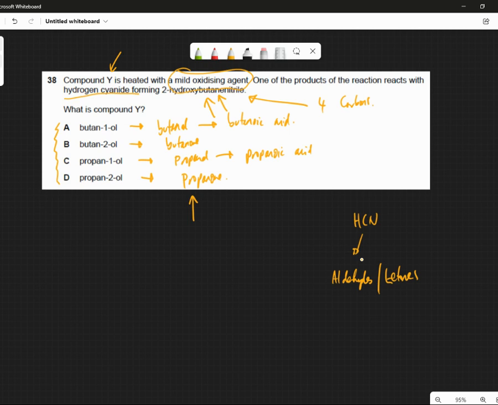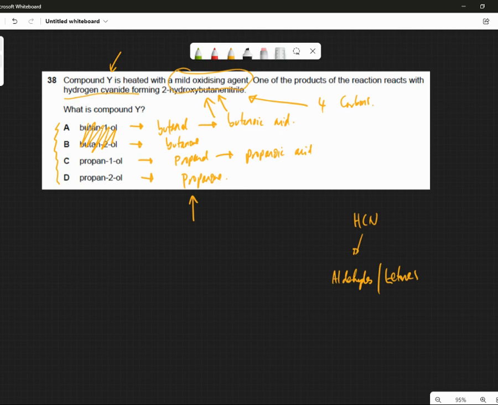So how many carbons must there have been in the original compound Y? Anyone want to tell me? I know you're all tired, guys, but exactly, Bernard. There must have been 3. Well done. So A and B must be wrong. So it's propan-1-ol or propan-2-ol.